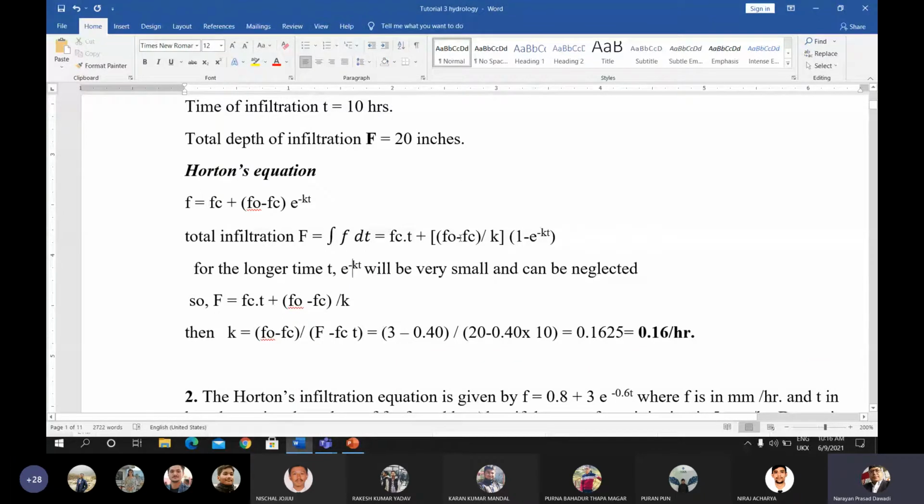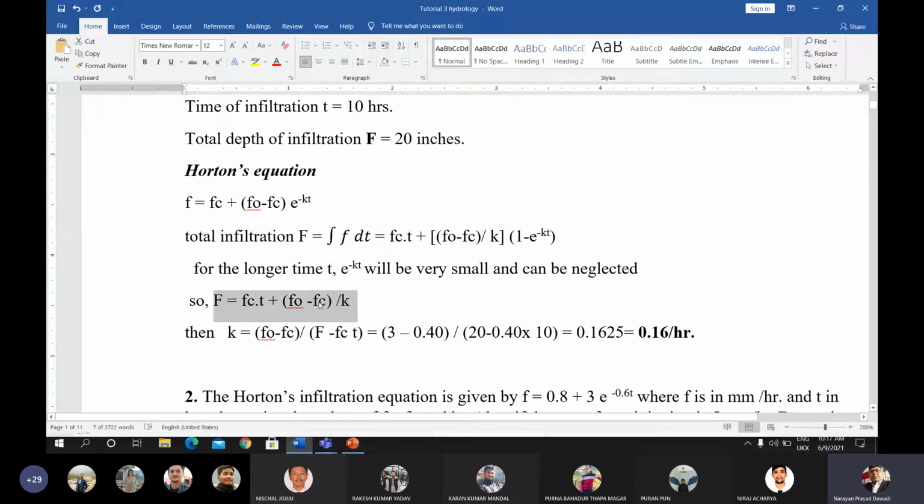So this equation becomes F is equal to fc t plus (f naught minus fc) by k. The equation reduces to this form for the total depth of infiltration.